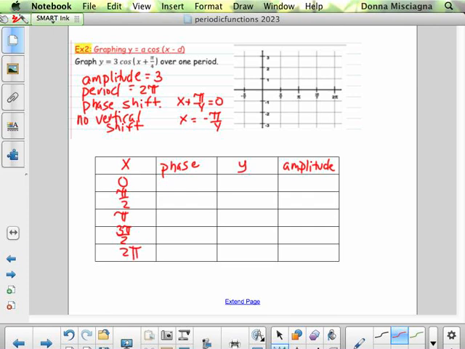The y values is cosine, so it's going to be 1, 0, negative 1, 0, 1. For the phase shift, we will add, oh, sorry, forgot, subtract pi fourths, because this is left. All right, so let's go ahead and do that. So 0 minus pi fourths is negative pi fourths.